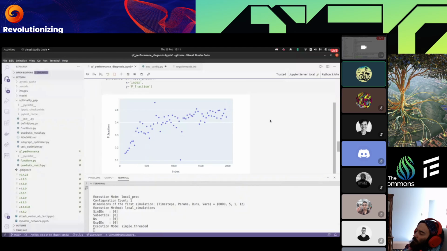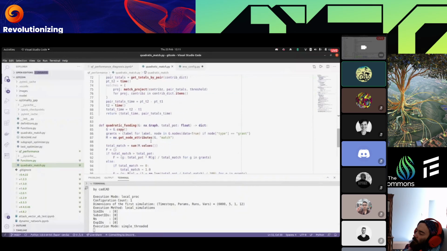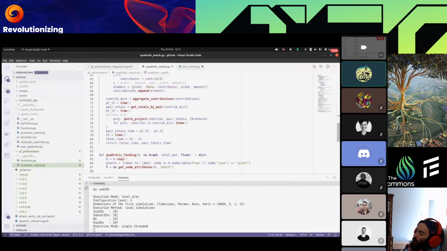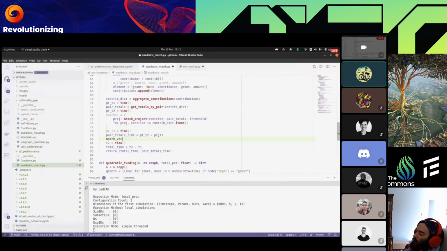I just thought of another thing: we have the total execution time here, but we also have a section that is only about calculating the vector itself. Maybe we should calculate that too. So pt t3 equals time, and match vector time equals pt t3 less pt t2.